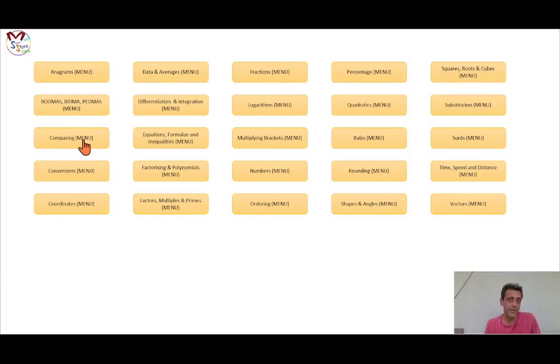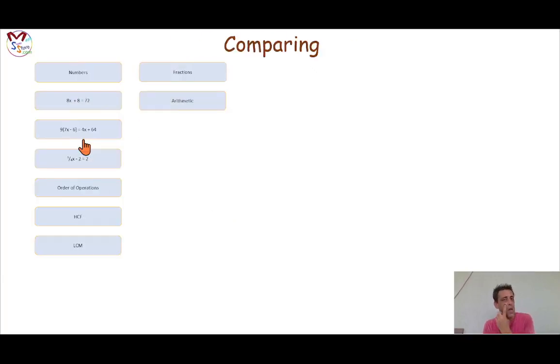Okay, so if we go comparing, in the orders of operations menu, there's a comparing for that, and in the comparing menu, there's also an order of operations. So it doubles up the menu, but it's not to bulk the file out or make it look as if there's more things in it.